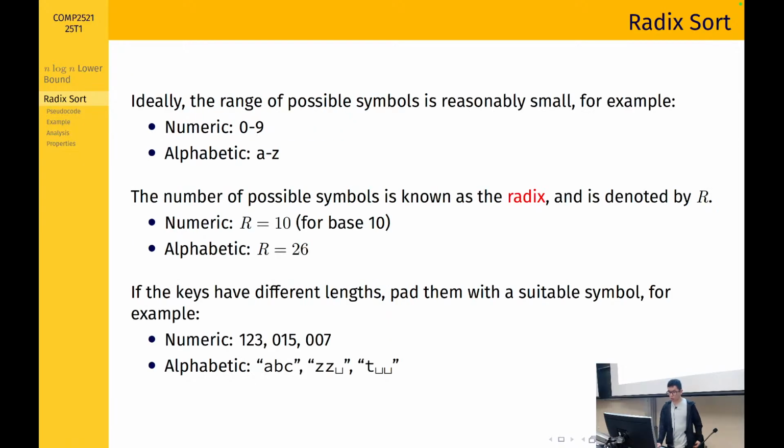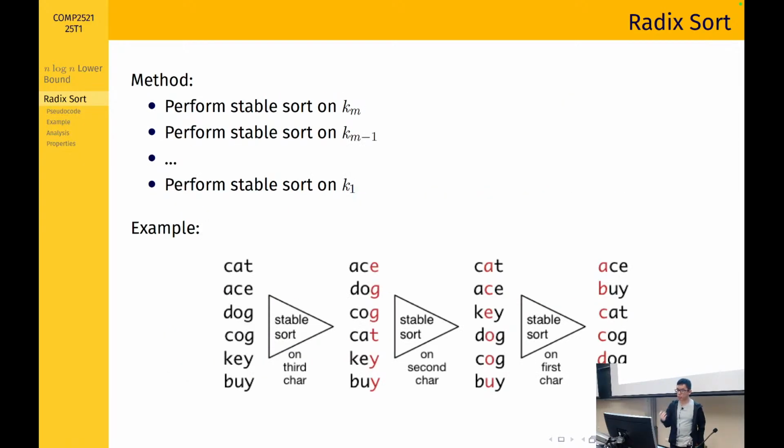Now the way that radix sort works, after we've made all of these assumptions, is that we're going to perform a bunch of stable sorts. We're first going to perform a stable sort on the array using the last symbol in each key.